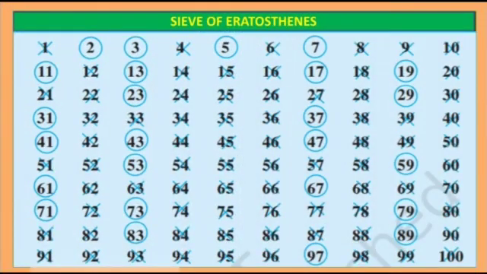The first step is to list all the numbers from 1 to 100. Then cross out 1 as it is neither prime nor composite. The next step is to encircle 2 and cross out every multiple of 2 other than 2.